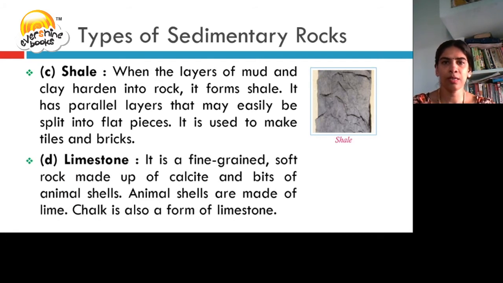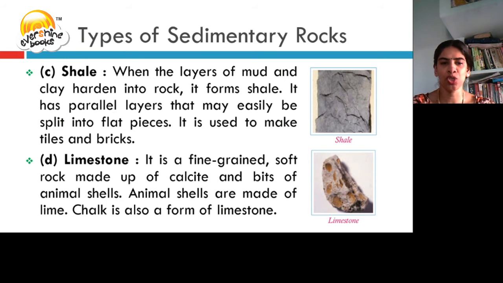The last of the types of sedimentary rocks is limestone. It is a fine grained soft rock made up of calcite and bits of animal shells. Animal shells are made of lime. Chalk is also a form of limestone.